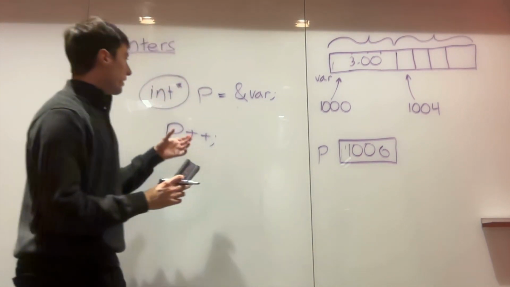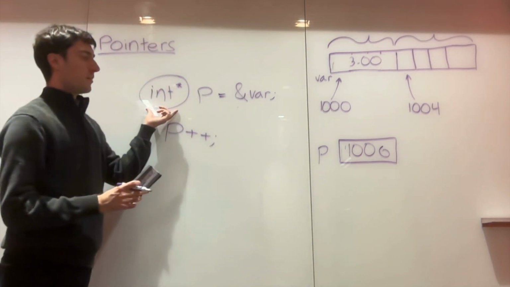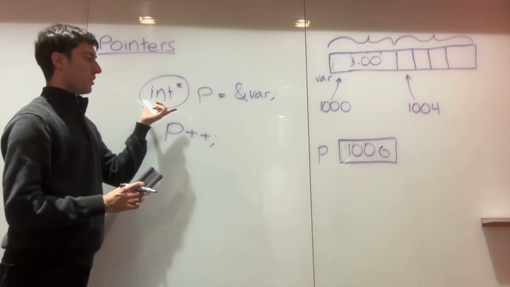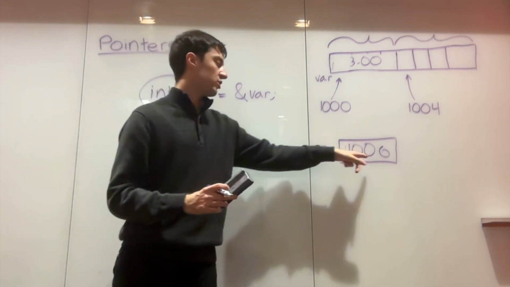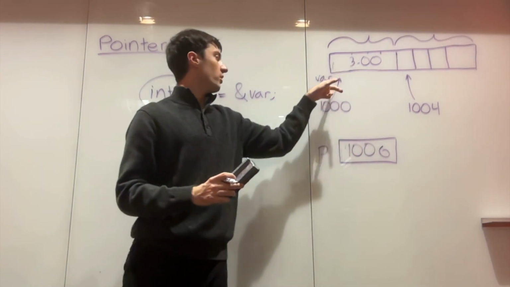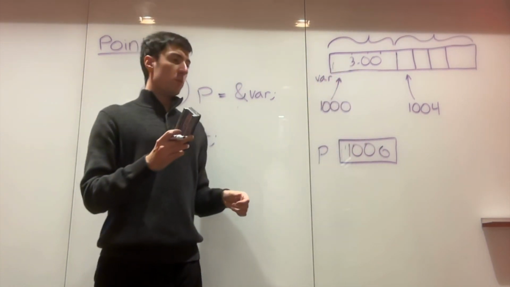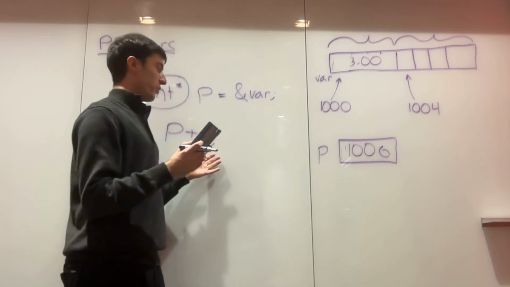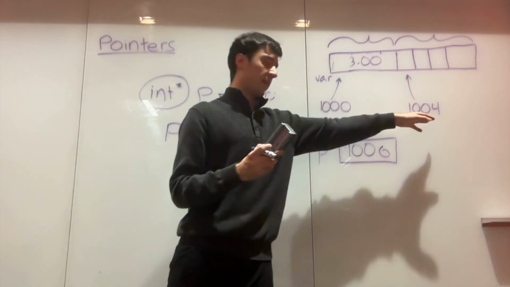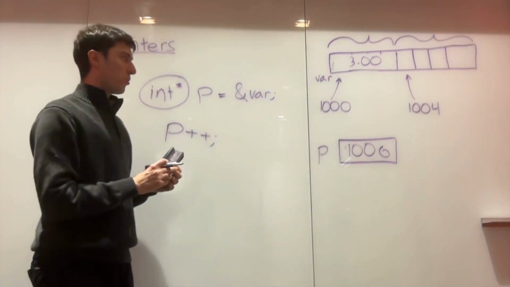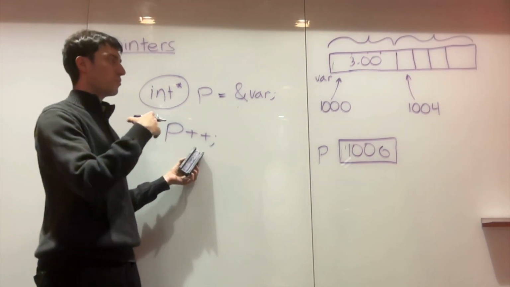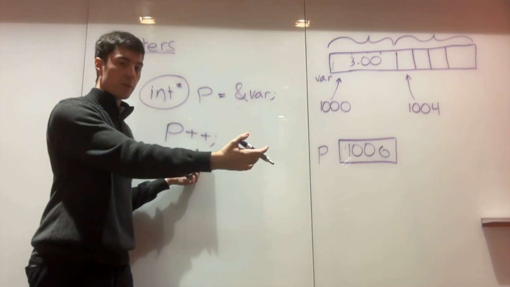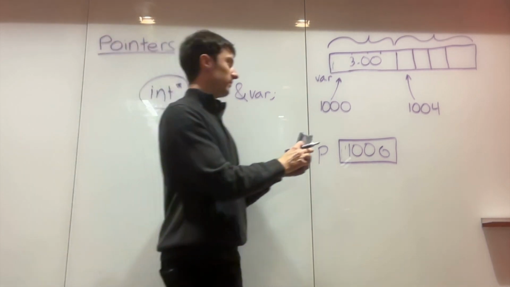So it knows the type of variable which lives at this location, at the location which it points to, right? And it knows how large an integer value is. In this case, it's 4 bytes. So what this plus plus does is it actually goes to the next value in memory.